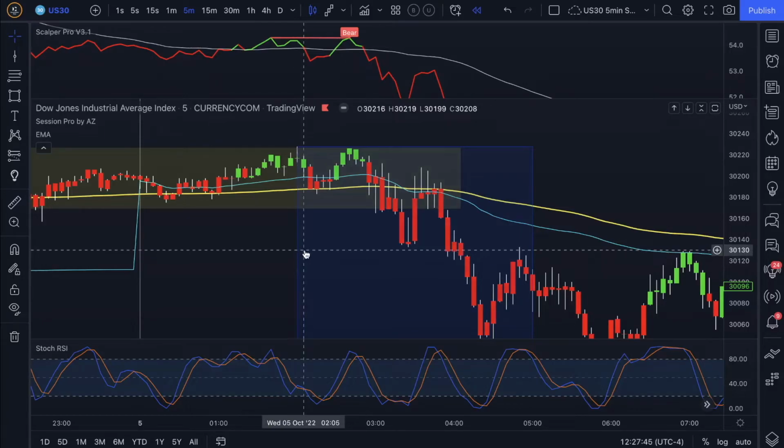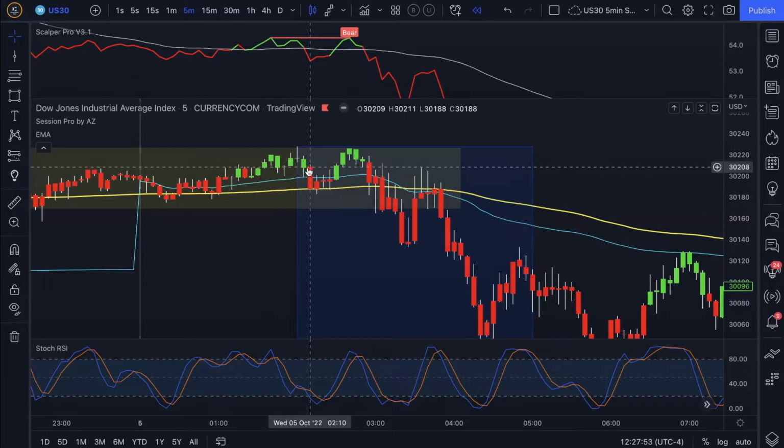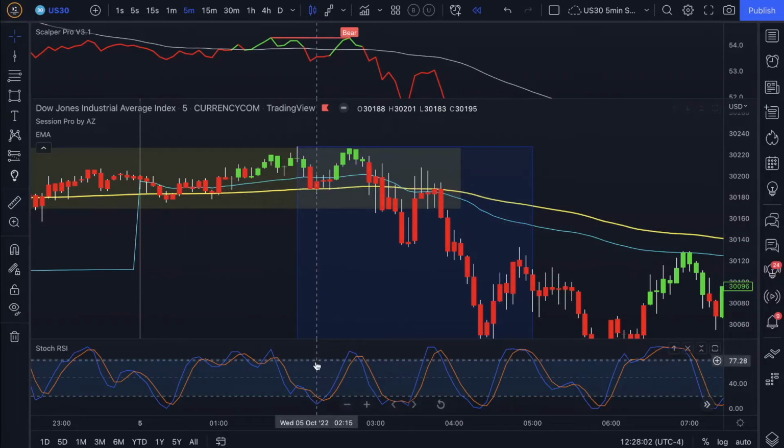Right here we are above the VWAP and above the 144 EMA, colored in yellow. Now we closed on the EMA, so we're below the VWAP, and the Scalper Pro is red, but the stochastic RSI is already in oversold territory, right here below 20. So we are not interested in that.